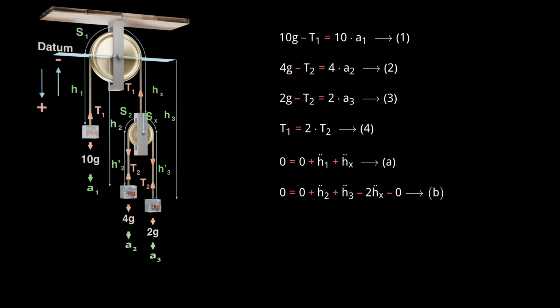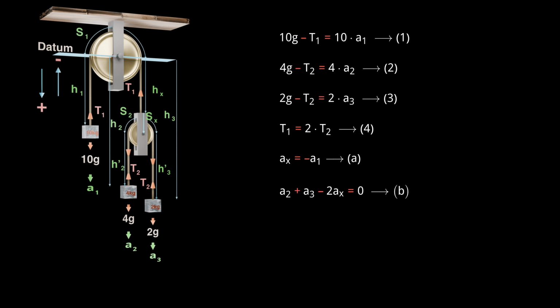By taking the second derivative of H1, H2, H3, and Hx with respect to time, we obtain the accelerations of the respective masses and the movable pulley. This follows from the fact that the second derivative of position with respect to time represents acceleration. The resulting accelerations are A1, A2, A3, and Ax, which correspond to the accelerations of the 10 kg mass, the 4 kg mass, the 2 kg mass, and the movable pulley.